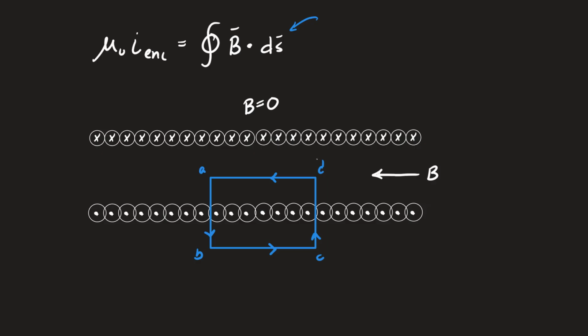So this particular shape, because it's not a circle, suggests that we could take our integral and break it up into sections. Now, in all honesty, I should break it up in sections that are both inside and outside of the region of space where there's a magnetic field.